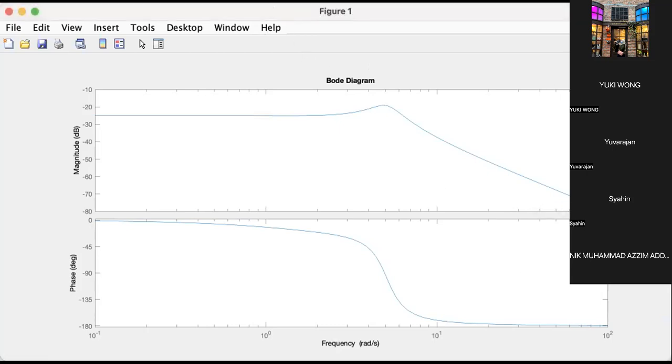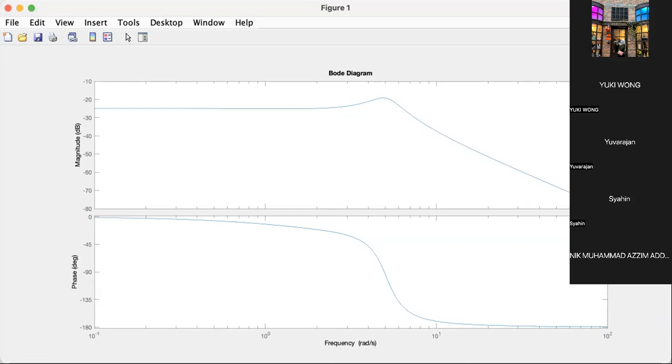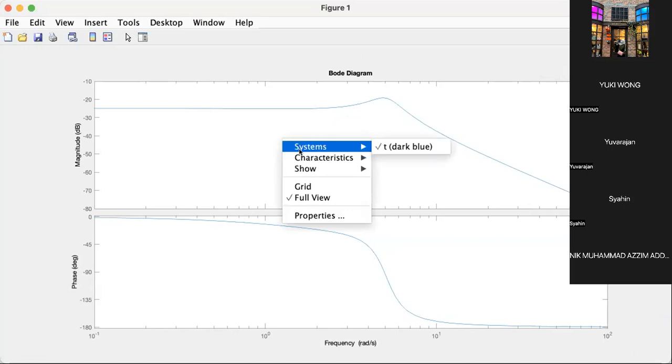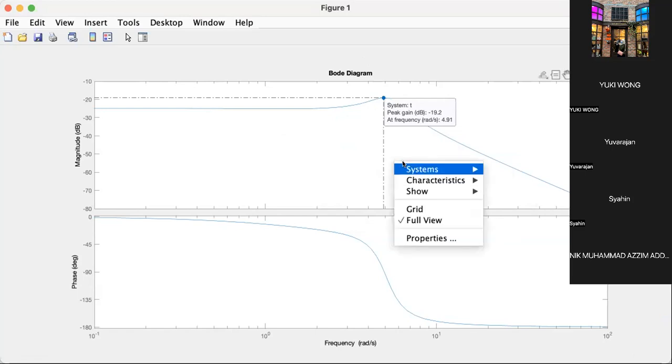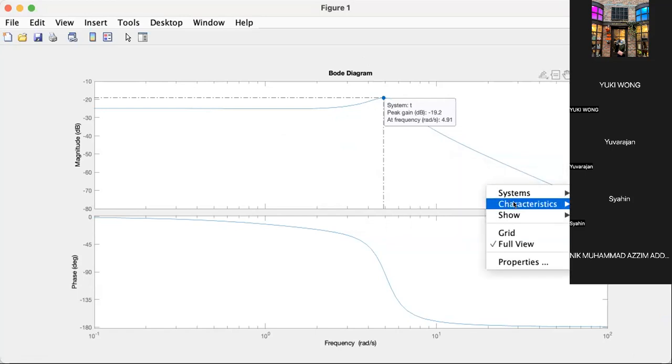So this is the plot for closed loop, okay? It's about the same, but different value, different info we can get from the plot here, okay? And all stability margins, okay? So that is for your information. We have two types of Bode plot. One is open loop, the other one is closed loop. So I will explain later what information we can get from both plots, open loop and closed loop.